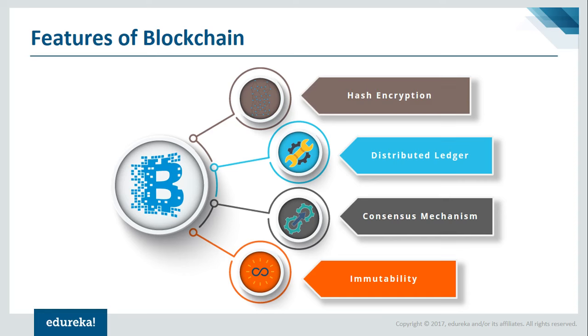But unless I make sure that the initial data coming onto the blockchain is valid, I cannot ensure that the entire system would be foolproof. So that is where the consensus mechanism comes into the picture. A consensus mechanism is a process through which you validate that whatever data is going to be put on the blockchain is valid as well as perfect.